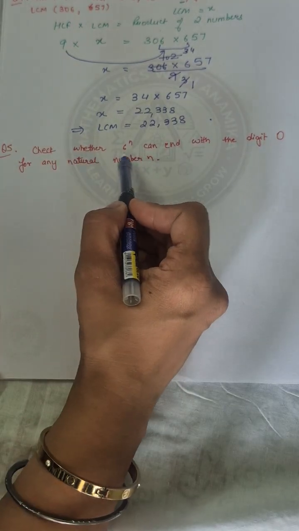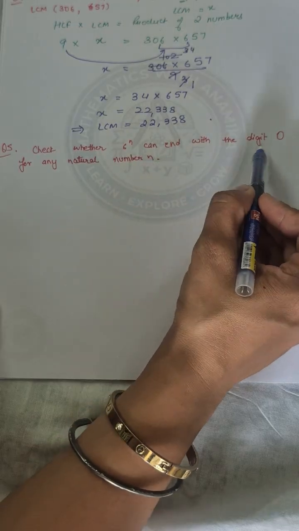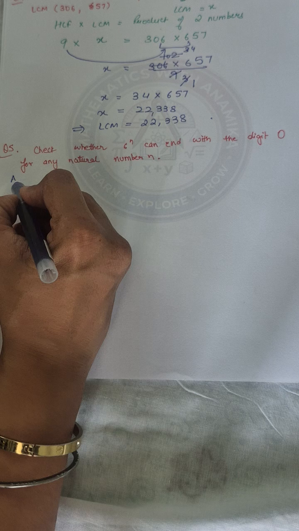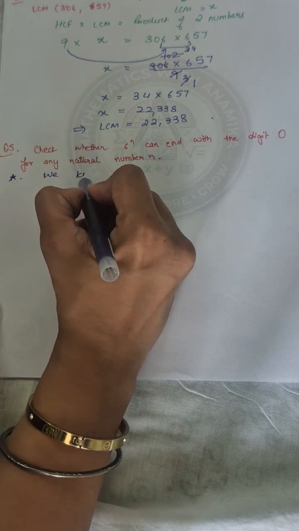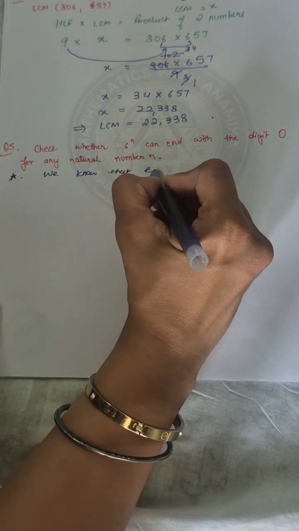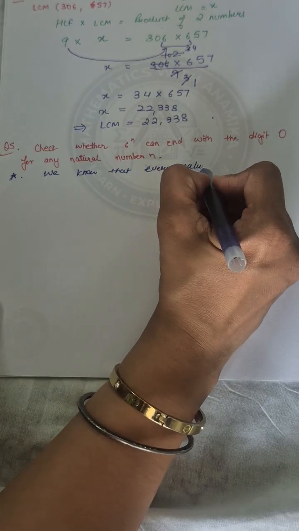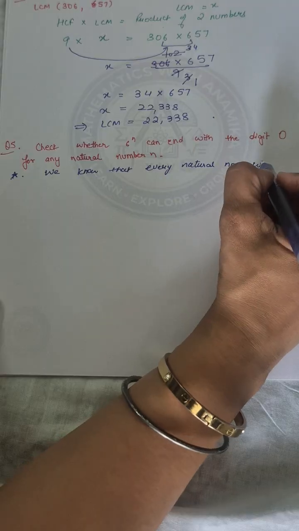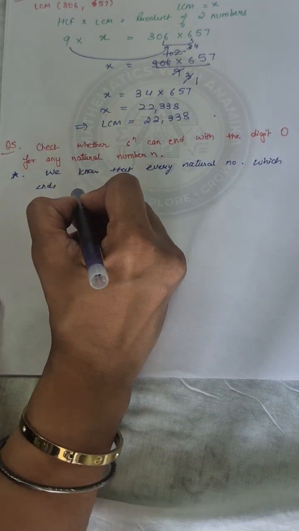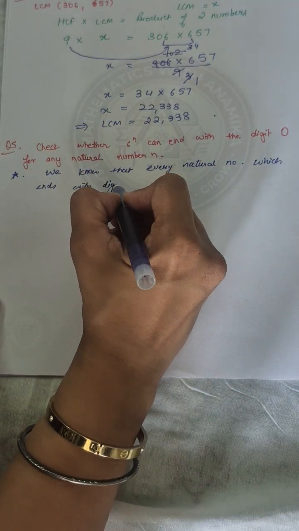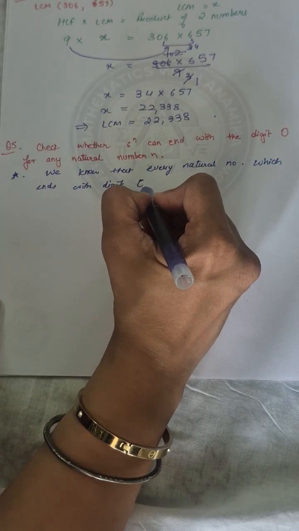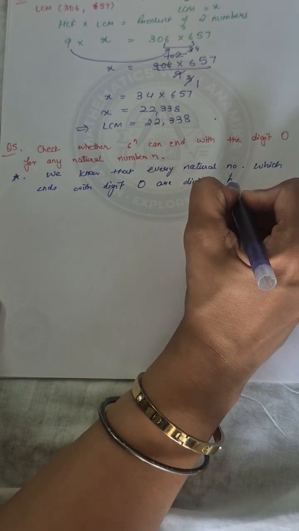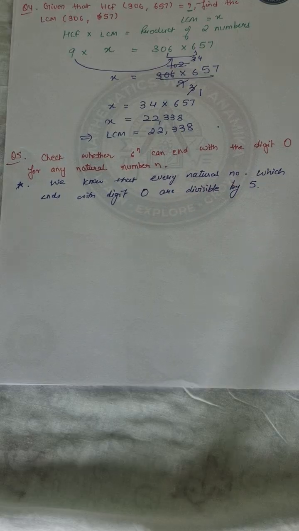Question number 5 says, check whether 6 to the power n can end with the digit 0 for any natural number. So we know that every natural number which ends with digit 0 is divisible by 5.